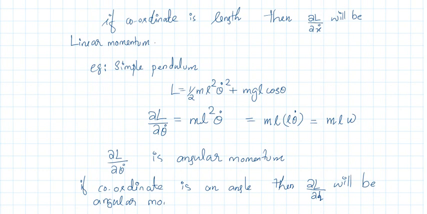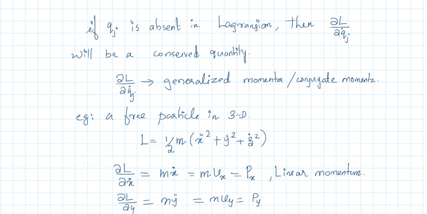If the coordinate is a length, that quantity will be linear momentum. If the coordinate is an angle, that quantity is angular momentum. So in general, if it is a generalized coordinate having an arbitrary dimension, that quantity is termed generalized momentum. It need not be of the dimension of momentum always.